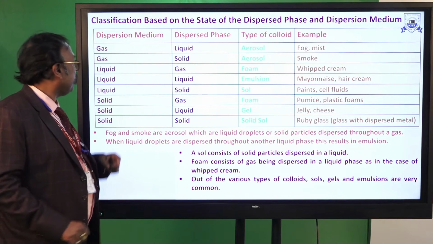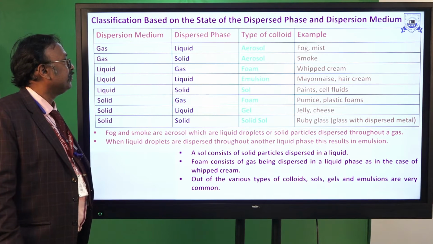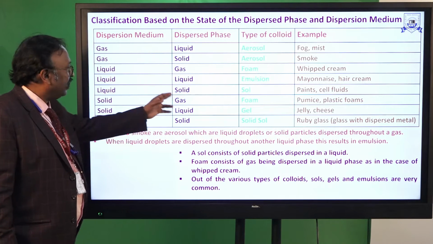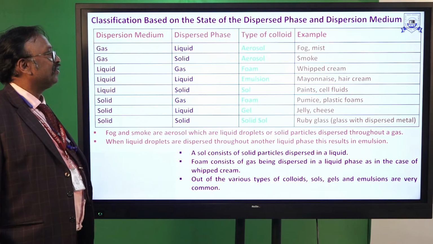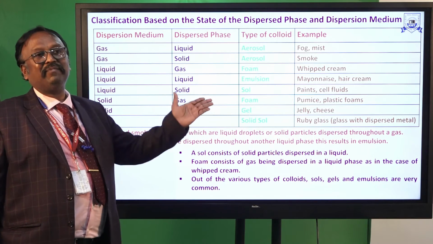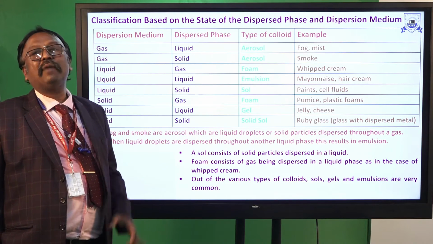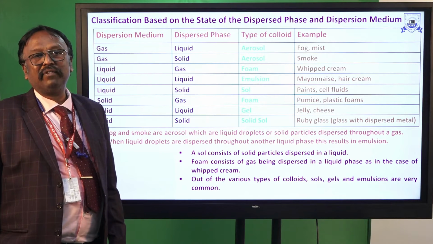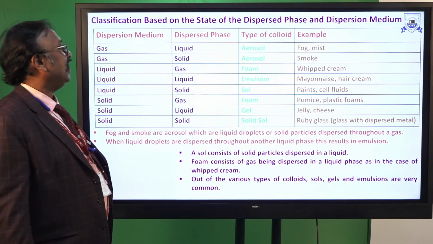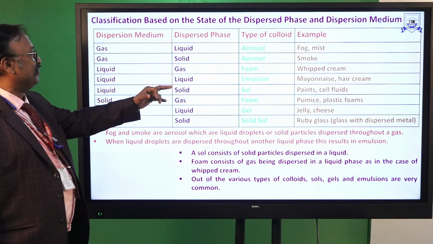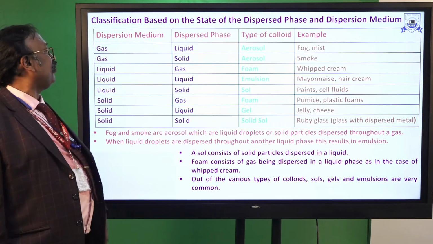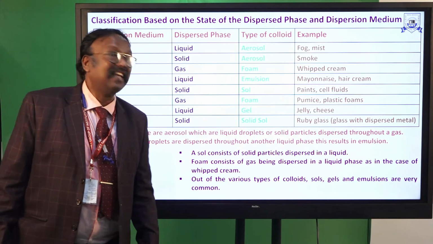Next, dispersion medium is liquid and dispersed phase is solid. That is sol, which we saw in the previous slide. Examples are paints and cell fluids. One more: dispersion medium is liquid and dispersed phase is gas.